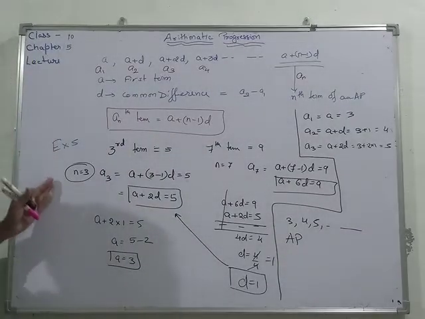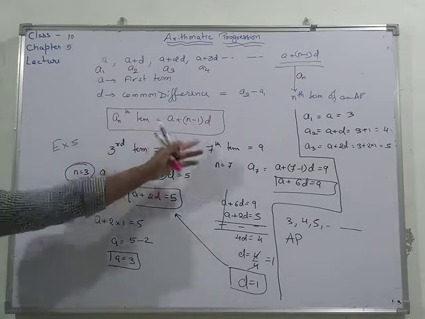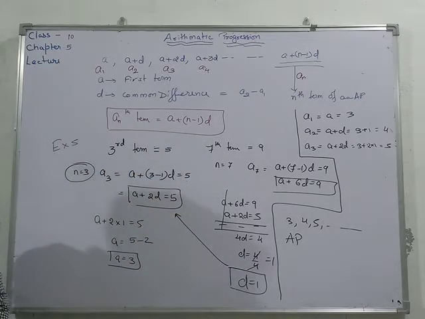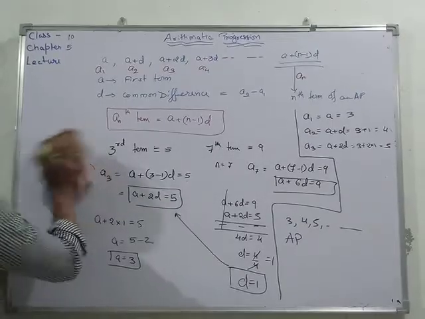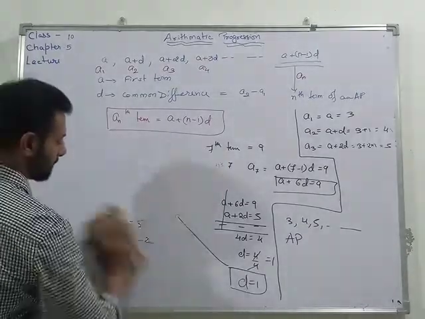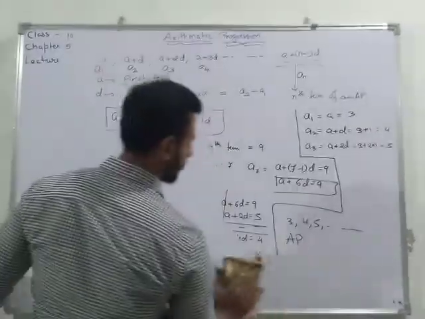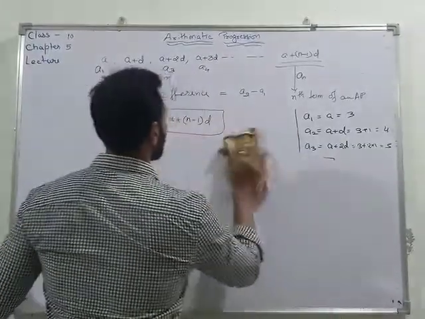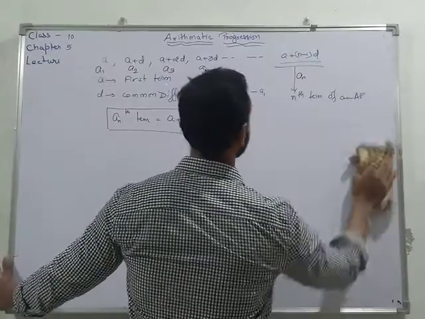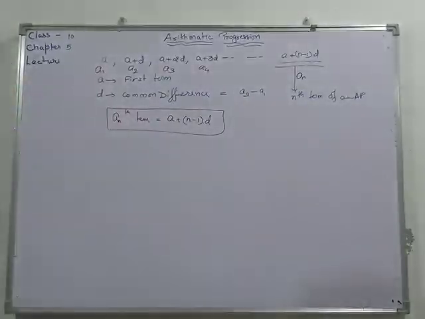So I hope you got the idea how we can use the nth term formula for making the AP. Let us see some more questions based on this. Now taking example number 7 on page number 103. It says, how many two-digit numbers are divisible by 3?